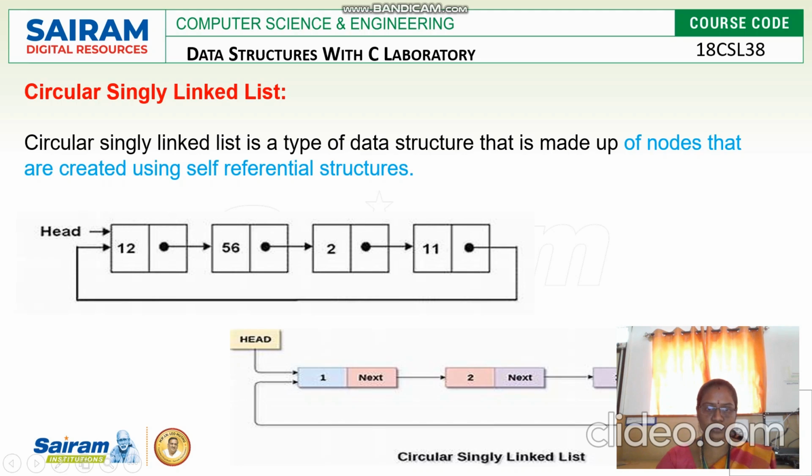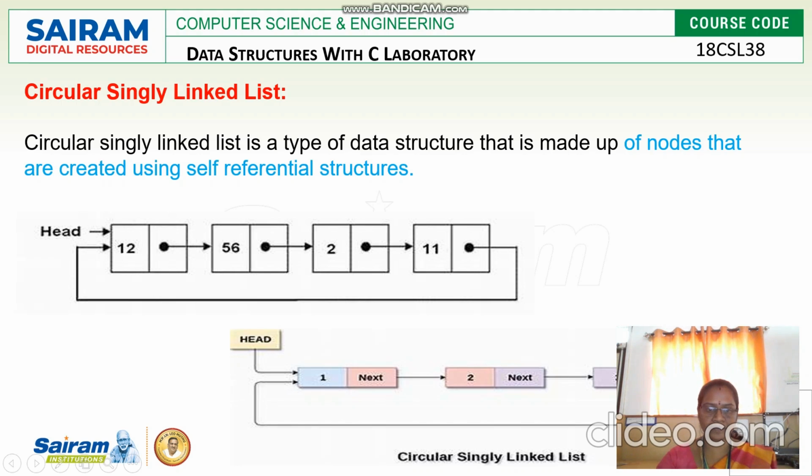The diagram below shows an example of a circular singly linked list. The first node is called the header node. The header has some value, and the rest of the nodes are data nodes. Here the ending node is connected with the header node. If we connect the two terminal nodes, we get a circular fashion. The same concept is applied here in the singly linked list also: the terminal node of the list is connected with the header node.